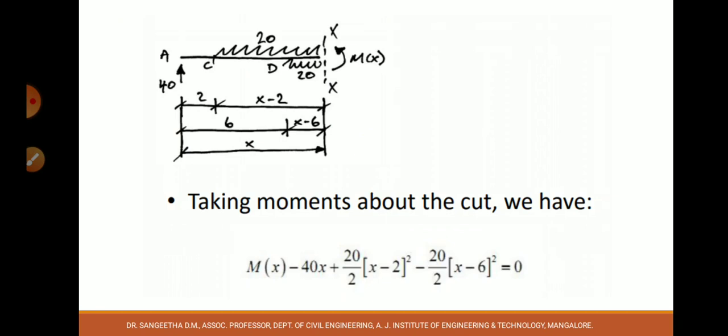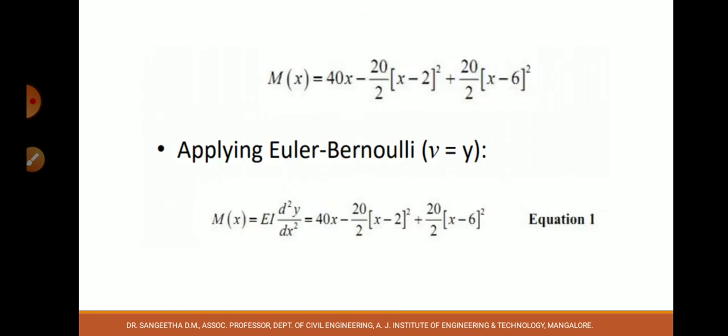See here, in this problem the sign convention taken is clockwise positive, anti-clockwise negative. This is clockwise, this is clockwise, and this is anti-clockwise. So, this is the equation, and you have the Euler-Bernoulli relation, EI d square y by dx square is equal to minus M.